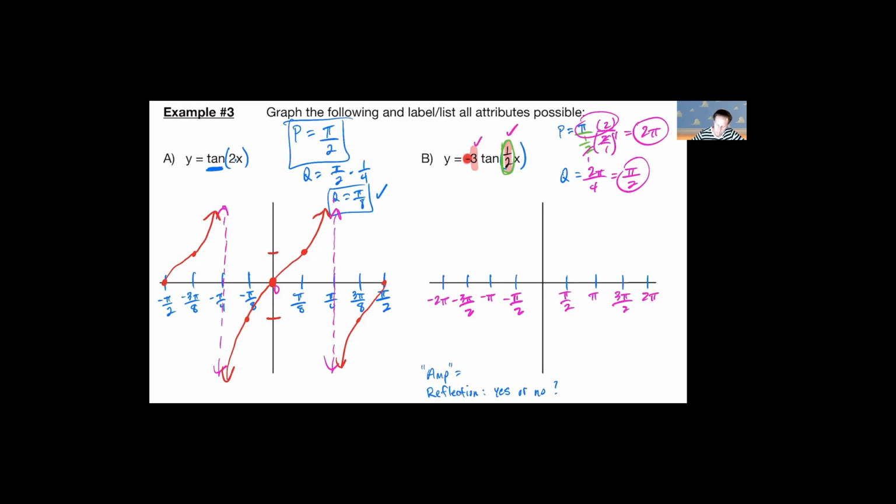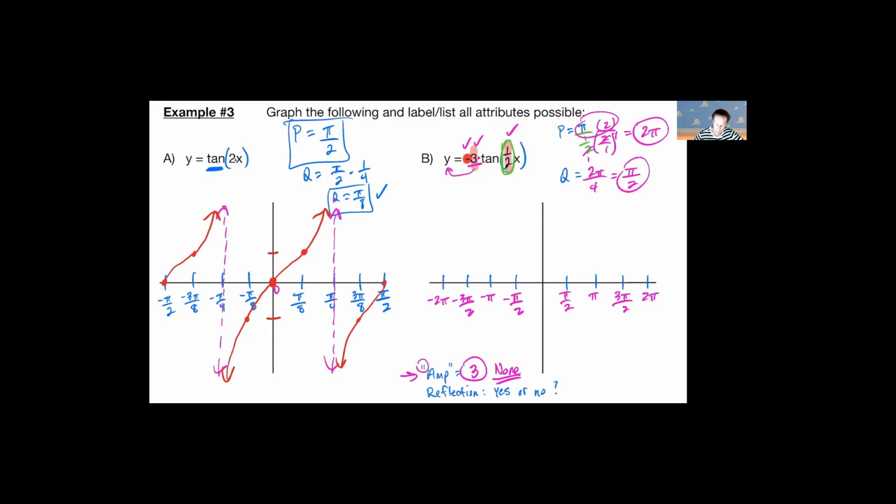And then from there, we've got that taken care of. What about this 3 and negative part? So remember, the 3 is not being done to the x, so therefore it's going to have the effect on the y. And since it's multiplying, remember, y's are y's. We do what they say. So the amplitude for this would just be 3. If I give you this problem and I only ask for this, remember, technically, there isn't an amplitude.